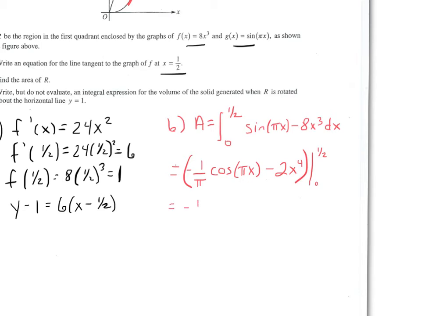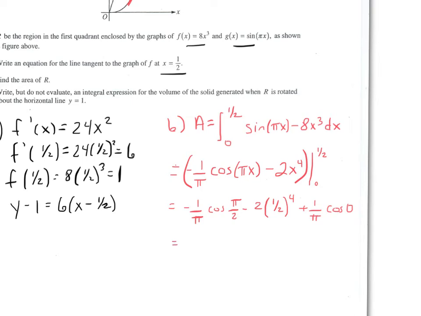So if we plug in 1/2, we get negative 1 over pi cos of pi over 2 minus 2 times 1/2 to the 4th. And if we plug in 0, we're going to get minus a negative, so I'm just going to say plus 1 over pi cosine of 0, and then 2x to the 4th at x equals 0 is 0, so I'm not going to write that.